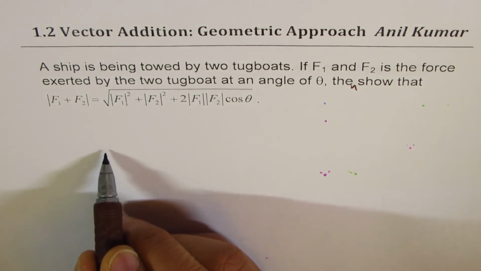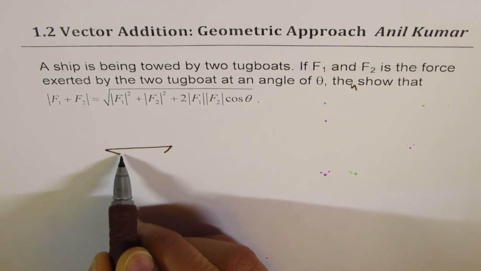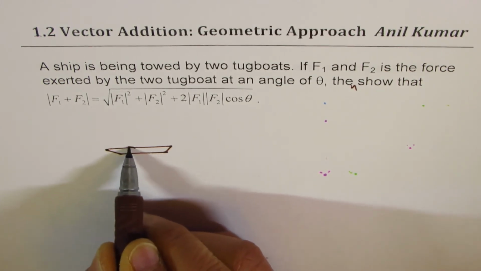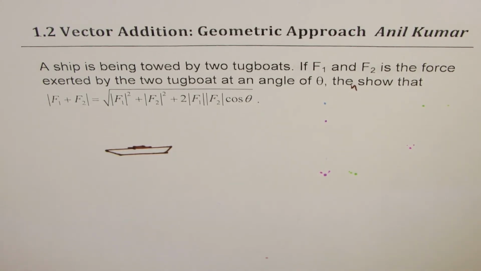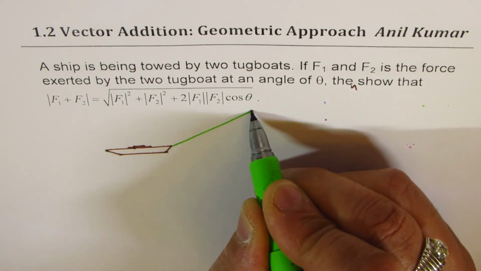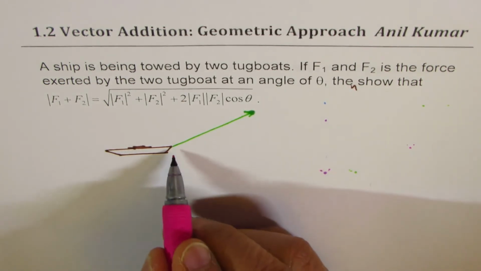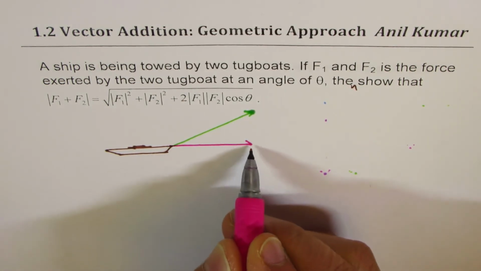So let us say that we have a ship here. Let's say this is a ship and it is being tugged by two tugboats. Let's say one is at an angle of theta to the other. So let me take the other one horizontal. It helps.